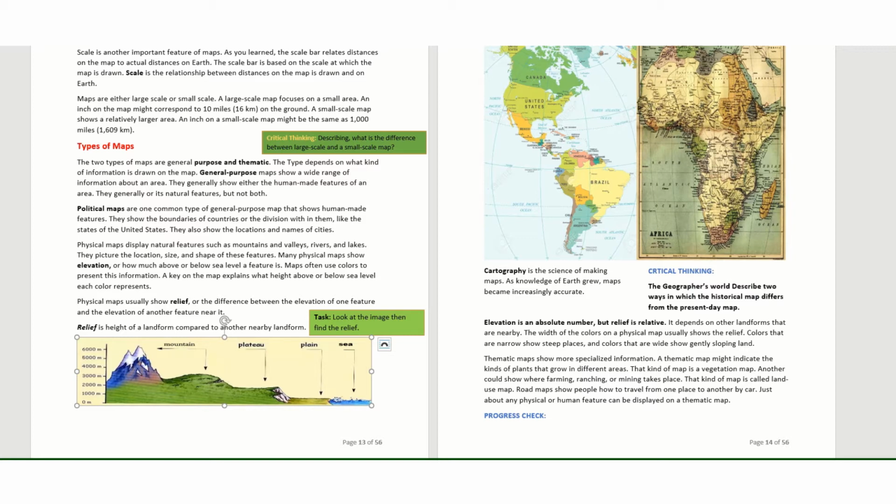Today we'll be talking about elevation as an absolute number, but relief is relative. So here you can see the description that it depends on the other landforms that are nearby.